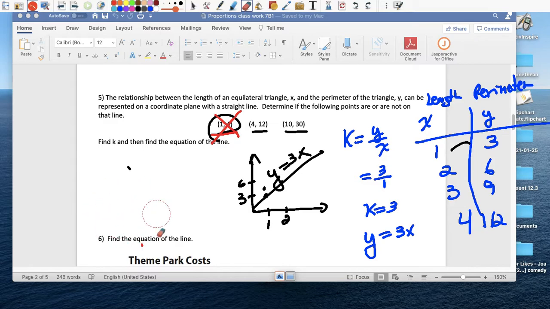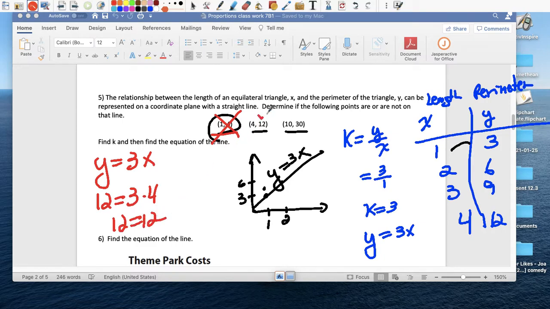Now, I already created a table, so you already know that (4, 12) is on the line. But I just want you to get used to this. When y is 12, we multiply 3 times x, which in this case is 4, and they are equal. We already knew that. And (4, 12), which is somewhere over here, is on the line. (10, 30), same thing.